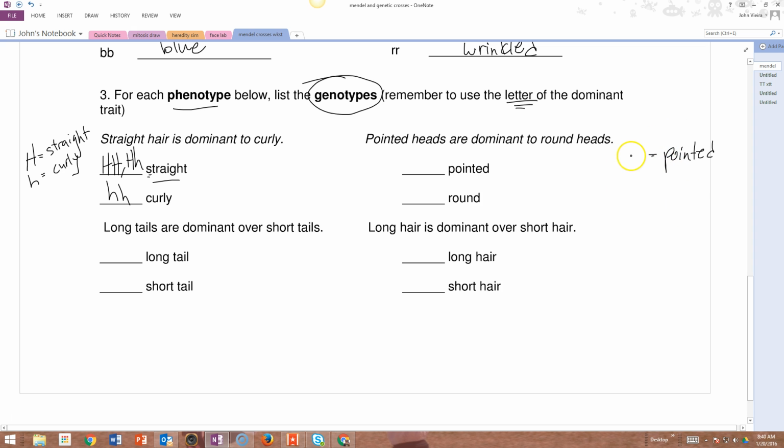If you want to use capital P pointed, lowercase p, round, right? Then to be pointed, you can be homozygous dominant or heterozygous. Round would be like that. Long tails, big L, big L, big L, little l, little l, little l. Long hair, I'll just use H for hair. You get the picture, right?